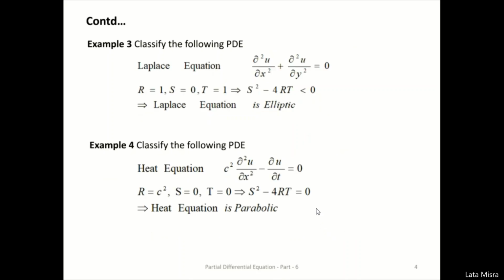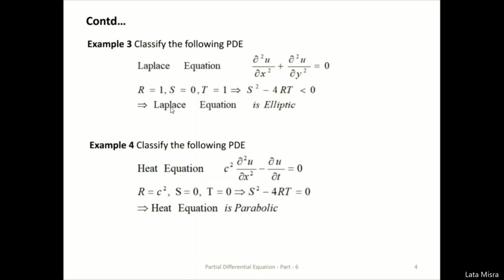Again we have another example, del 2 u upon del x square plus del 2 u upon del y square equals to 0. This equation is also known as the Laplace equation. Again we compare it to the general partial differential equation Rr, Ss, Tt and function of x, y, p, q and u equals to 0.